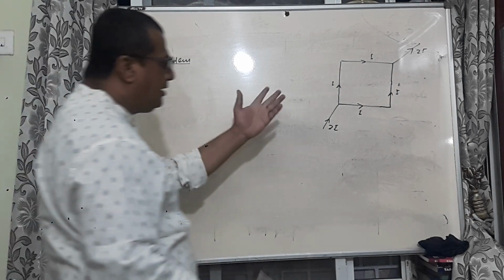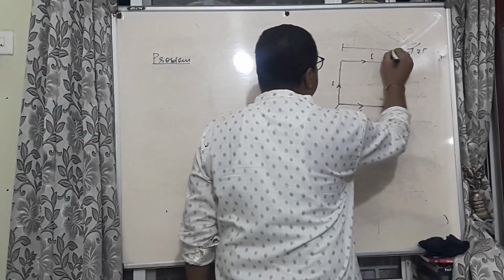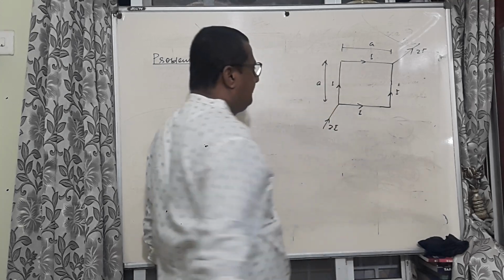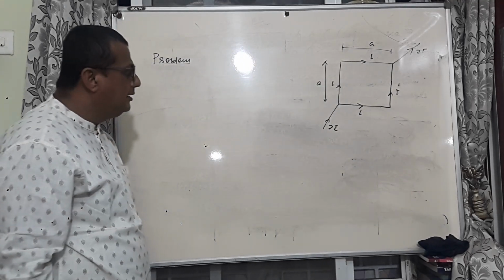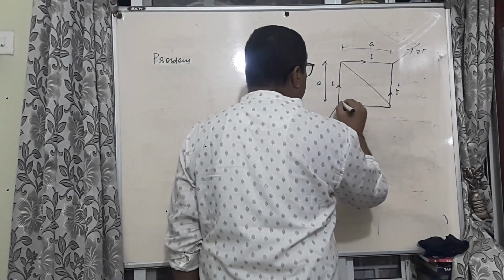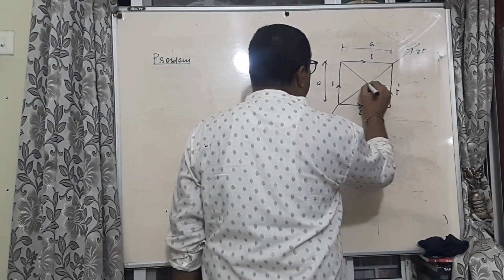This is the square, so this side is A, here is also side A. We have to find the magnetic field at its center.